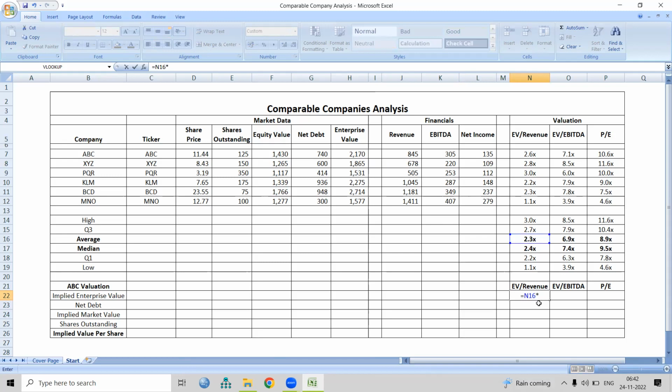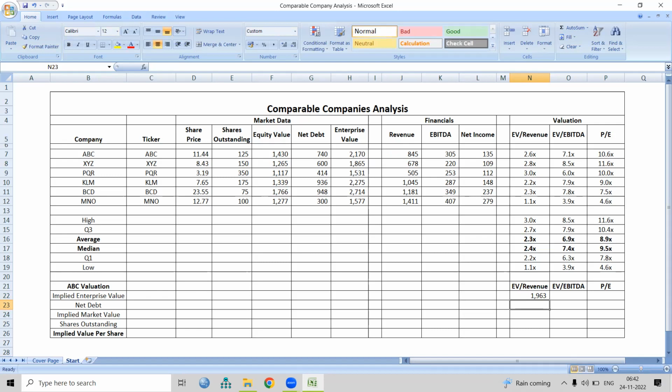This we multiply with the revenue of ABC Limited, as we are trying to find out the ABC valuation. What is the revenue of ABC? It's 845, which is in reference cell J17. N16 multiplied by J17, and then press enter.